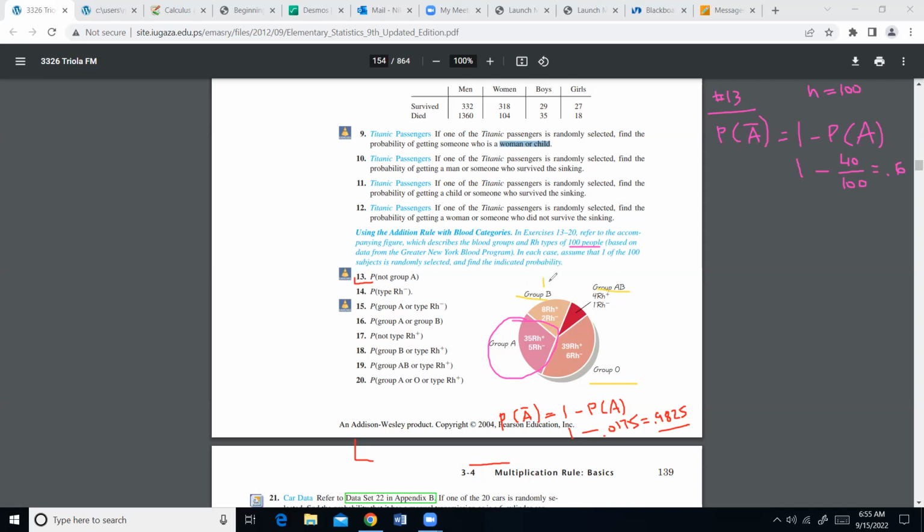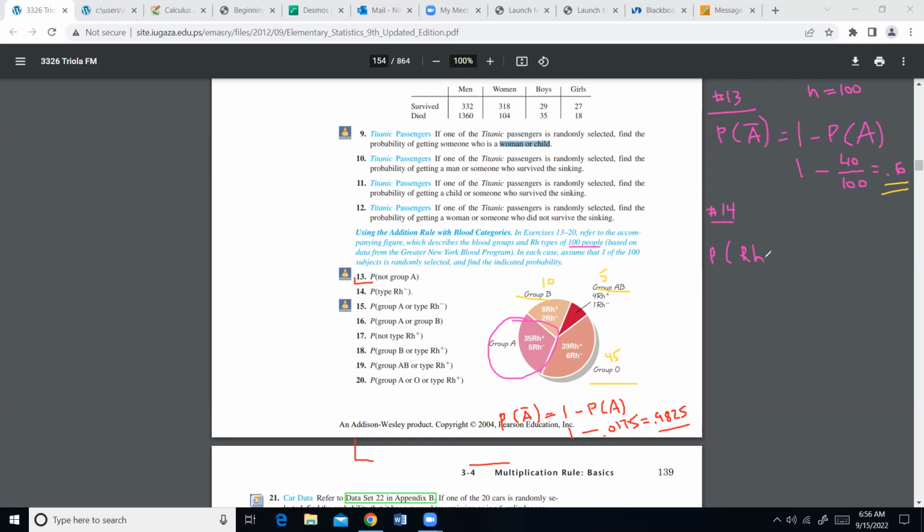Because in the group B, there are 10. Here we have 5. It looks like 39 and 6 will be 45. So if you add all of these, you get 60 out of 100. And that's the exact same answer anyways. So either way you do the exercise is fine because the answer is the same. If you get the same answer, I get so happy I give you full credit. So I'm not really picking if you did it one way or the other way, as long as you do it right.